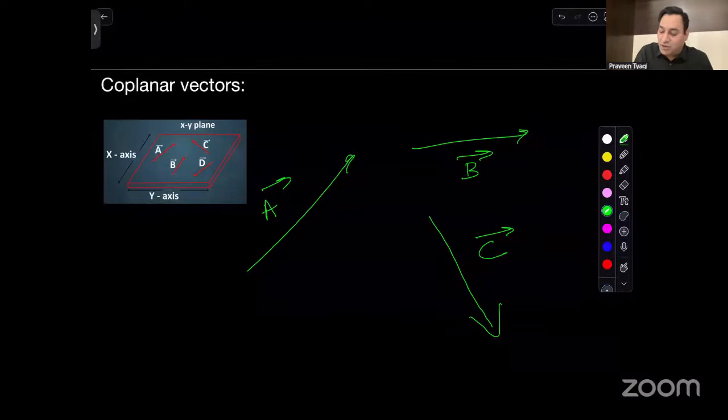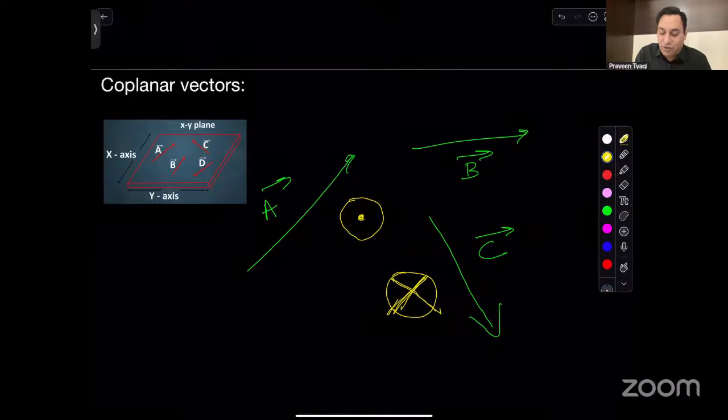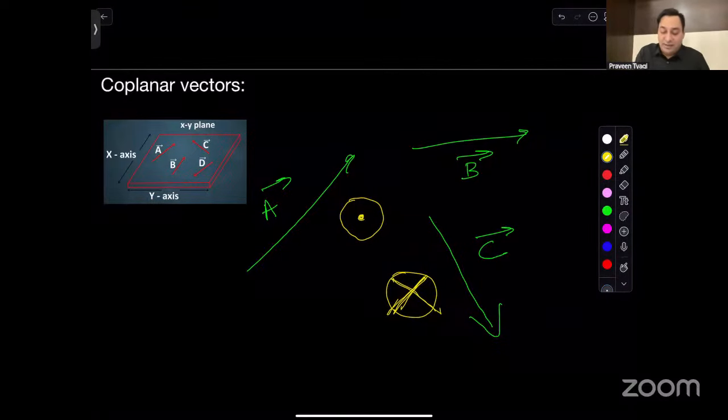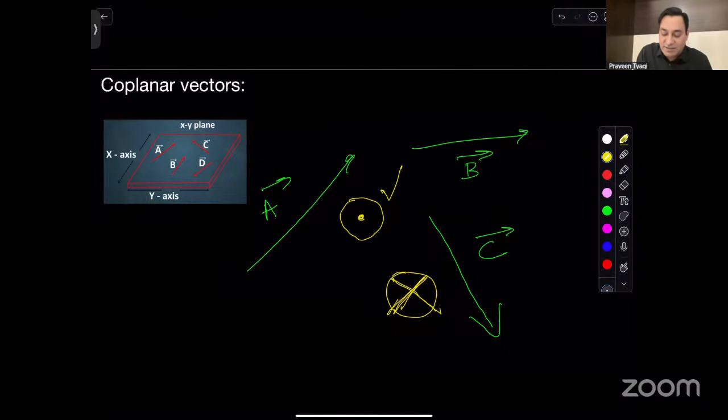The moment I draw a vector which is not in the plane, you should understand what is the meaning of this dot and what is the meaning of this cross. You have to understand this. If you are looking at an arrow from the front side, and that arrow is coming out of the plane, then you represent it like this. So a vector which is coming out of the plane is represented in this way. You draw the front side of the arrow.